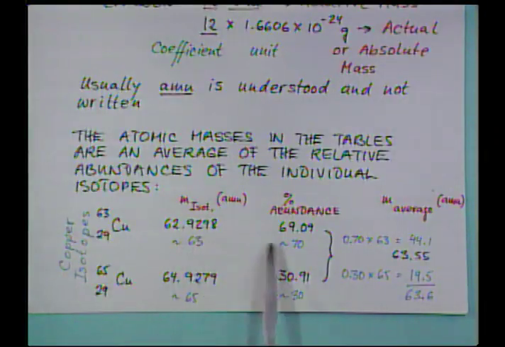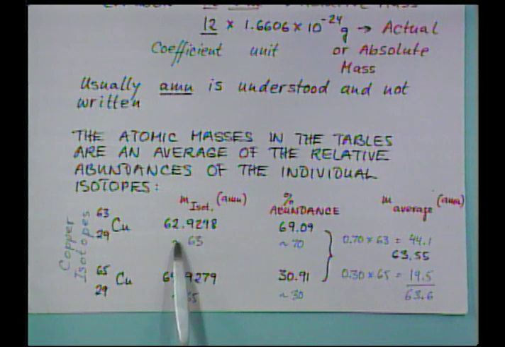Now, we know the relative abundance of copper. We know that the copper 63 is more abundant than the copper 65. It's almost a ratio of 70 to 30%. So how can we establish the average mass?